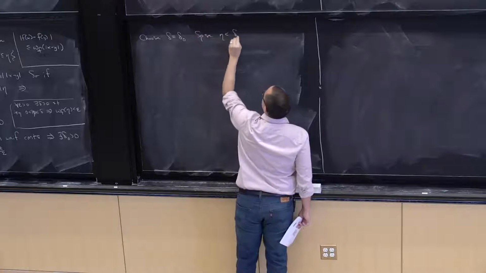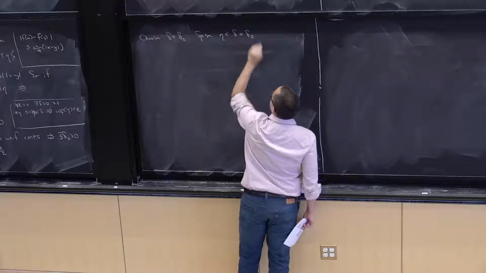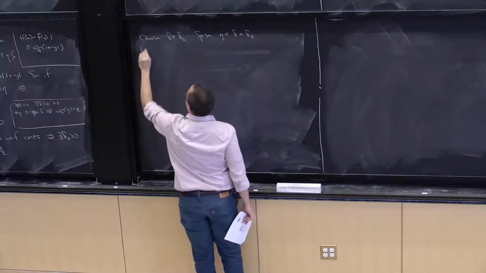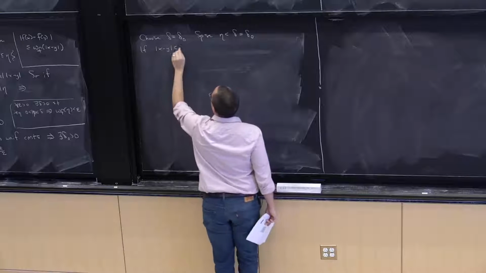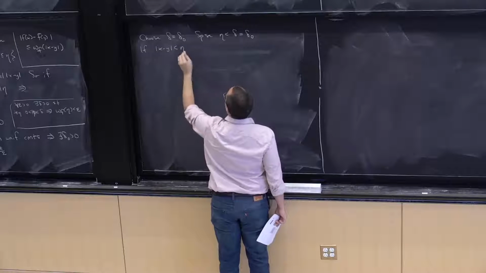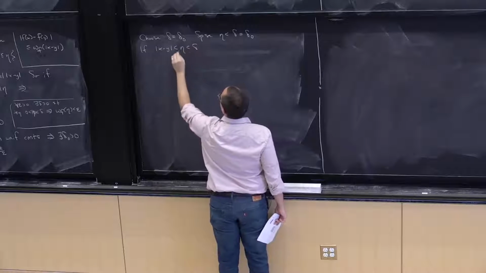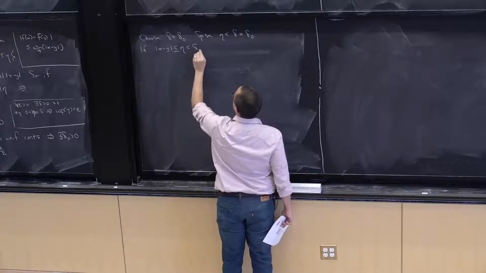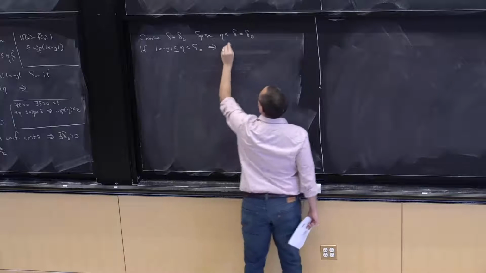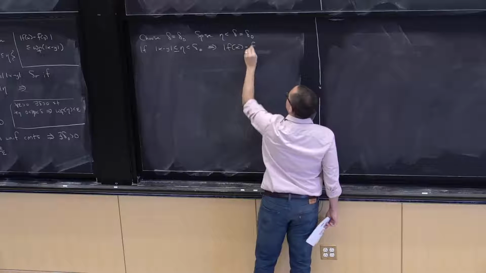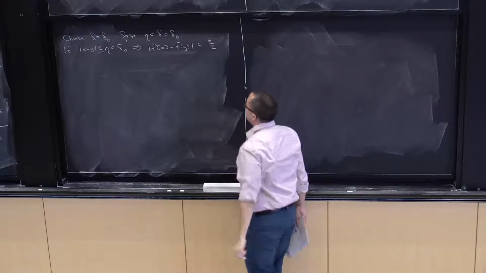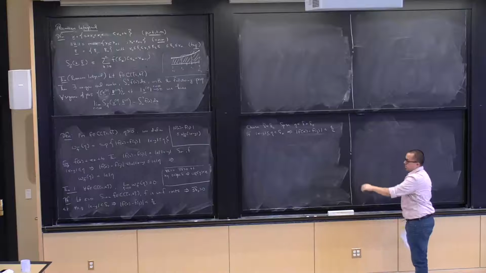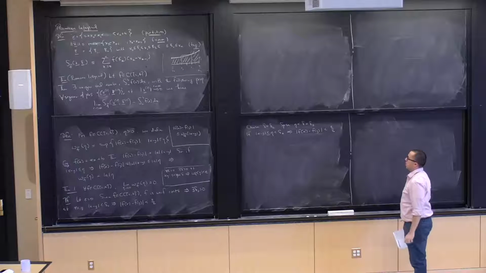Suppose eta is less than delta, which remember is delta 0. Then if |x − y| is less than or equal to eta, which is less than delta 0, I get that |f(x) − f(y)| is less than epsilon over 2. Basically, I just rewrote what I had right there.